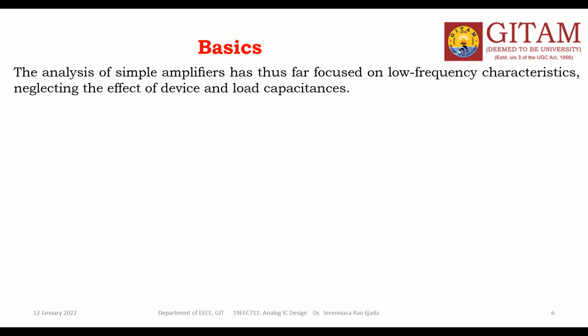This is the first thing: low frequency, high frequency and mid range of frequencies. How the characteristics of an amplifier will vary. So in this course, we need to neglect or assume some of the parameters or some of the effects as ideal case. Ideal case means there is no effect with them. Okay.